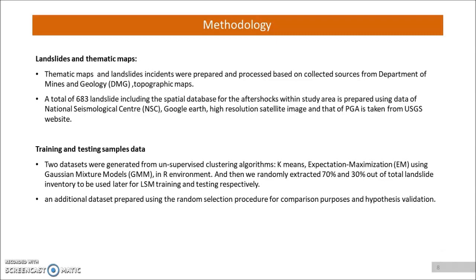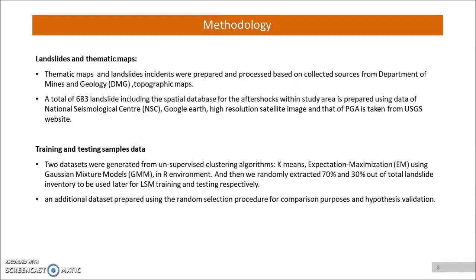We started by taking the landslide data and the inventory, and we used k-means first. We chose 70% of the data based on the clusters, not randomly.